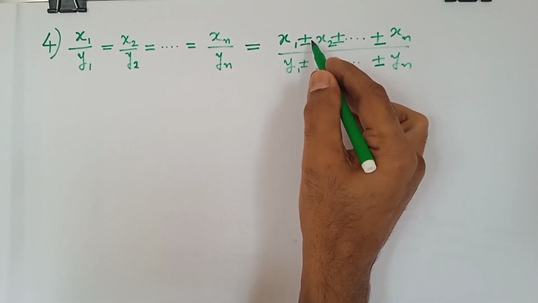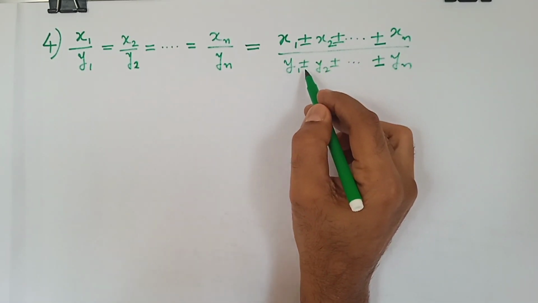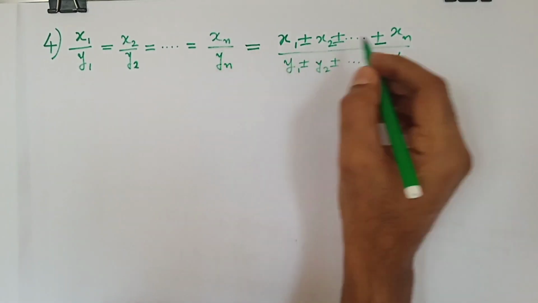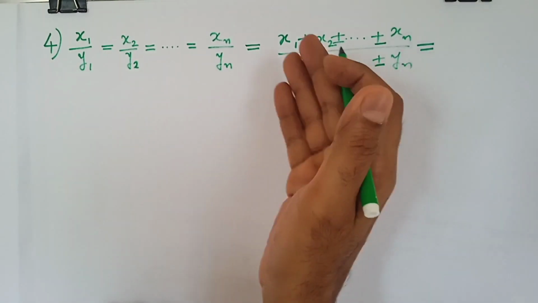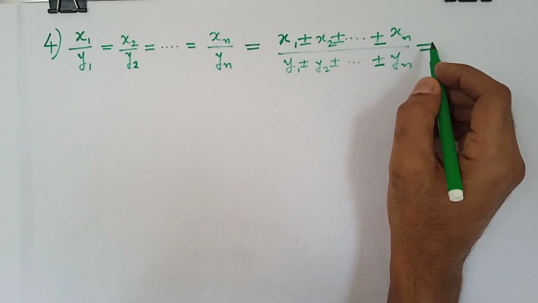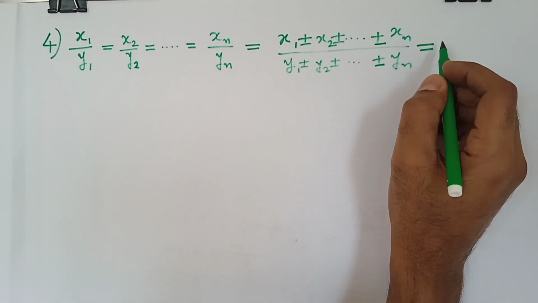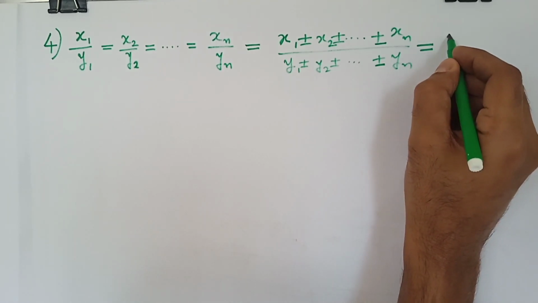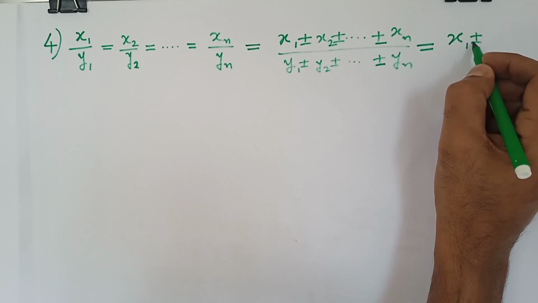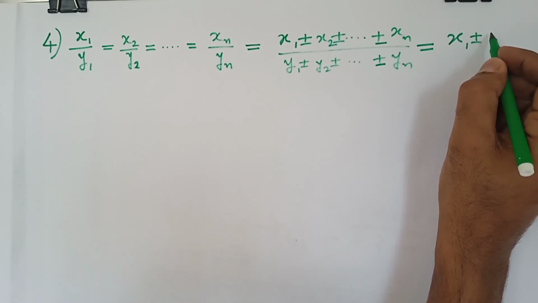If you're putting plus in the numerator, use the same thing for the denominator, and that will be equal to this. Or here I have chosen all the numerators. In fact, you can choose as many numerators and as many denominators as you want. Let me choose two of them and let me put plus here.